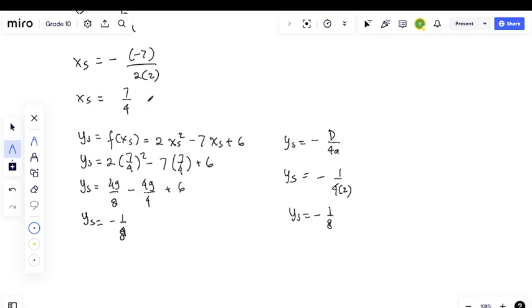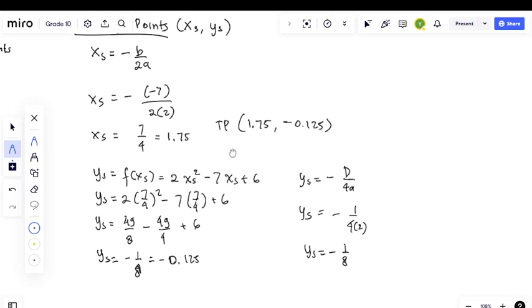Okay, I'll show the graph, but before that I will change it into a decimal so you won't get confused when you see the drawing. Okay, so the turning point here is 1.75 and minus 0.125. This is the turning point.